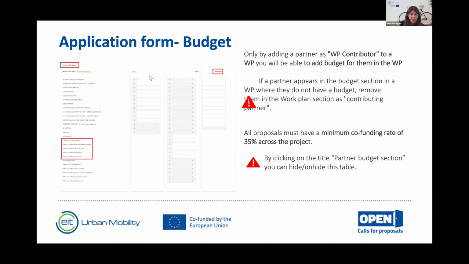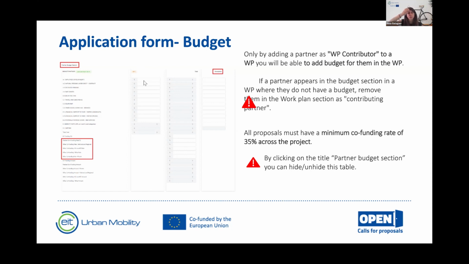So in this sense, this partner only has this column to fill in the cost that you want to allocate for this partner under work package 1. If we add this partner to other work packages, then the columns of the other work packages will appear here.